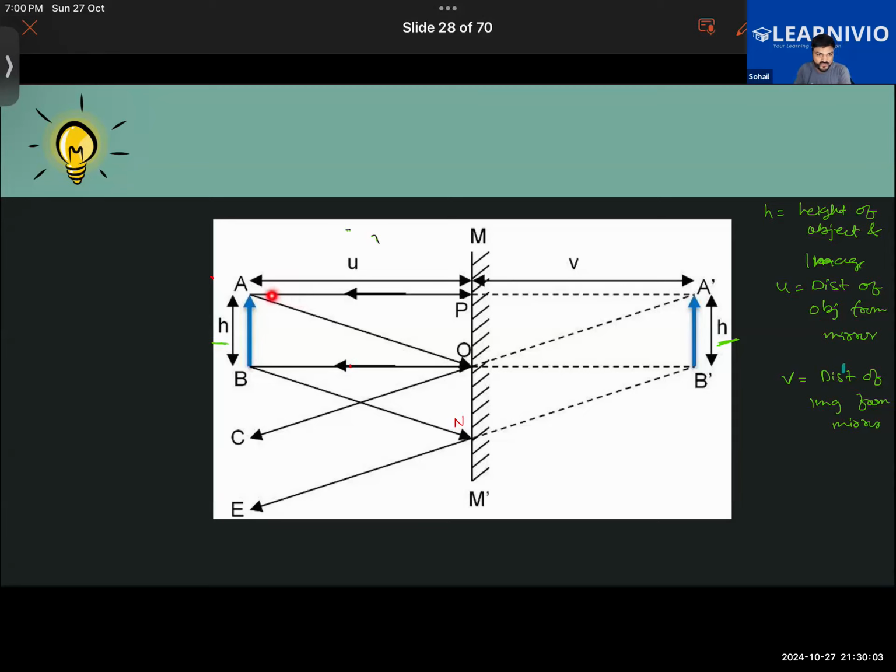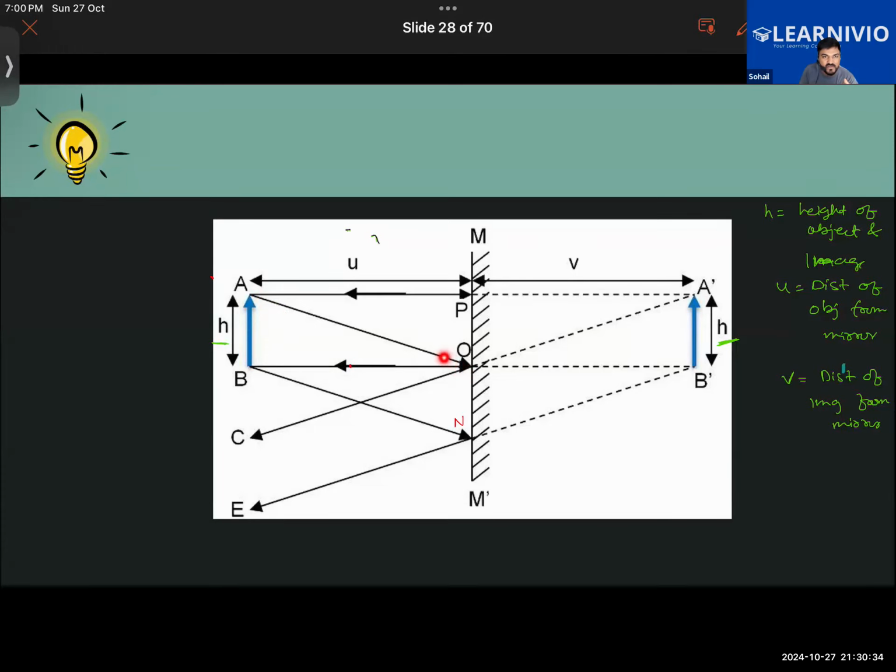Everyone listen carefully to this. What is happening here? Suppose I am standing here and some light is falling on my body. It could be coming from the tube light in my room, right? So it will get reflected back from my body. Now this ray of light is falling on the plane mirror here. This ray AP is falling here and it got reflected back. Then ray AO is falling on the plane mirror.